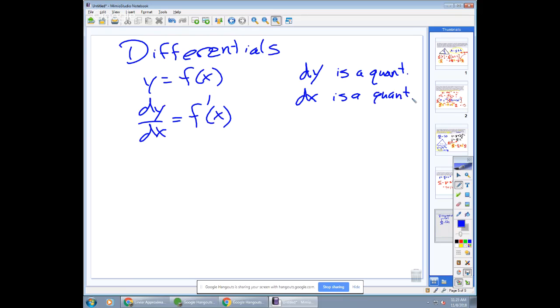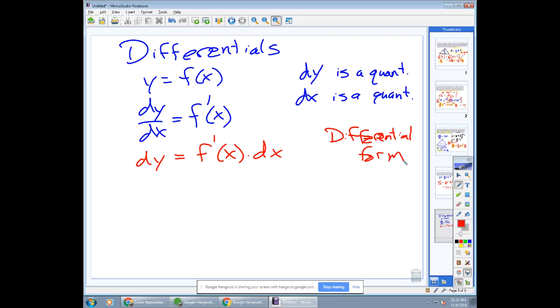So then we have what's called the differential form of the derivative. dy equals f prime of x times dx. So that can be sometimes a helpful way of looking at derivatives. It helped us in figuring out the chain rule.